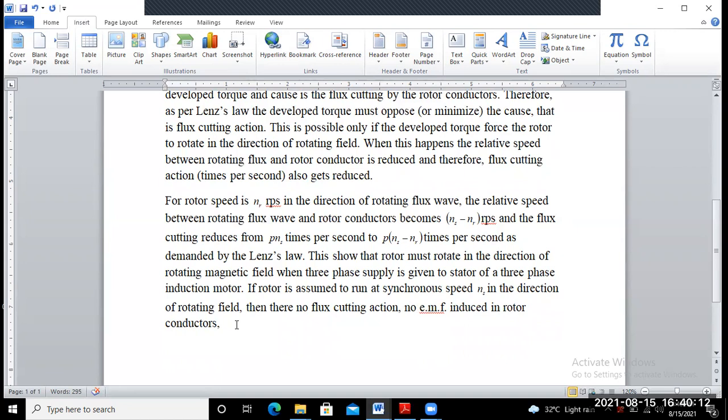That means no current is produced in the rotor bars, and therefore no developed torque.